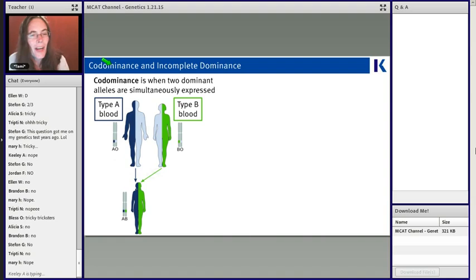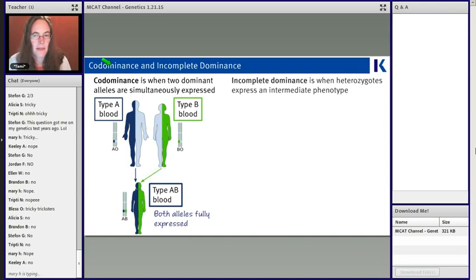No, they are equally expressed. We don't say that this person has AAAB blood because A's are more there, or A plus B blood. We say that it's AB blood. They are expressed exactly the same simultaneously. That's codominance. That's different than incomplete dominance.